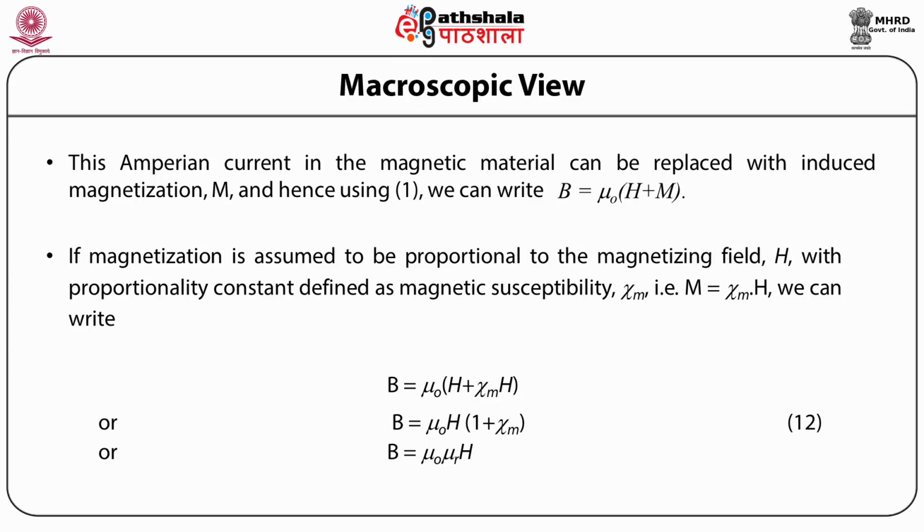Or we can write B is equal to mu naught mu r multiplied by H. Now we can write mu is equal to mu naught mu r, where mu r is the relative permeability.